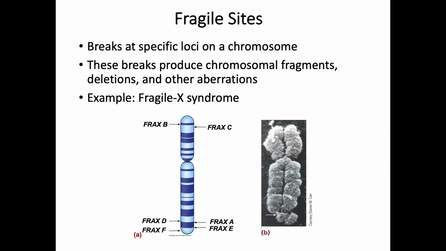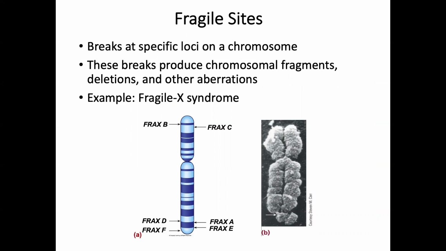The other form of chromosomal changes I want to mention is the fragile sites. Fragile sites are chromosomal regions that are susceptible to gaps or breaks. To date, more than 120 fragile sites have been identified in the human genome.